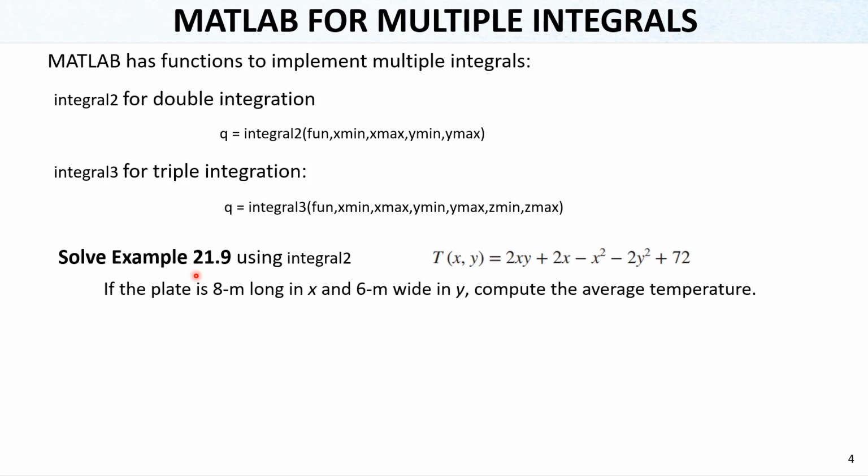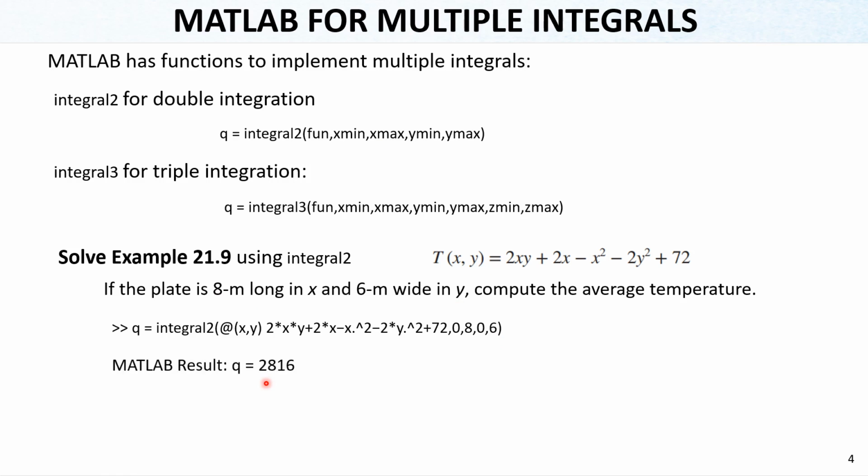If we want to solve example 21.9, which is the temperature calculation of this function, it is a double integration. We can use integral2 instead of hand calculation. When you write integral2, the function can be written with the @ symbol in MATLAB. Then xmin and xmax are 0 and 8 in the x direction, and 0 and 6 in the y direction.